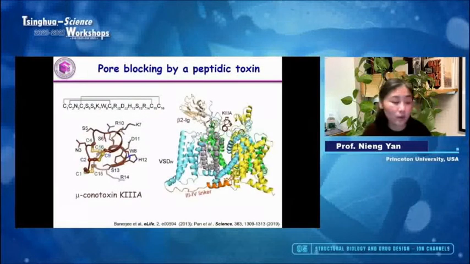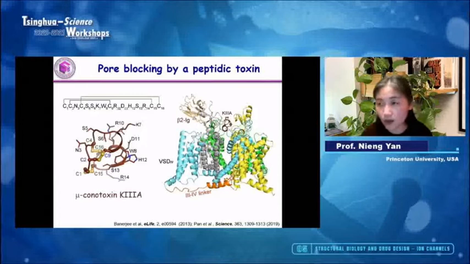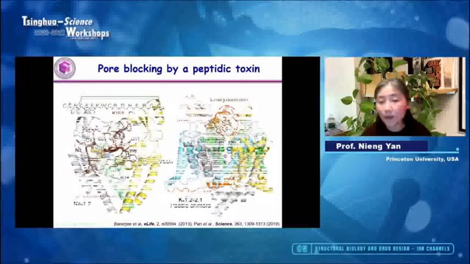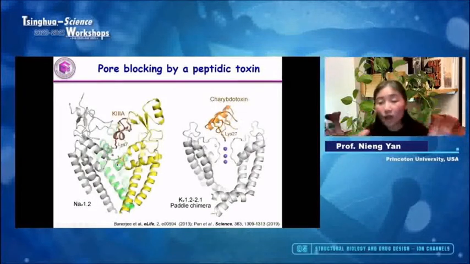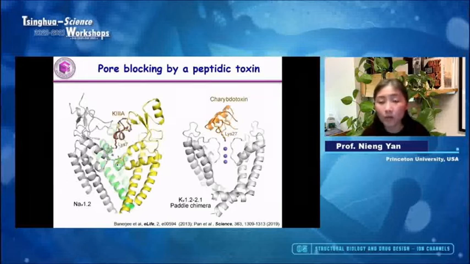So we solved the structure of K3A bound to NaV1.2, a central nervous system sodium channel, and as you can see here, this toxin sits right above the selectivity filter. When we compare this to a previous structure of a potassium channel in complex with another toxin, although the toxins are different, with different length or composition, we identified one common paradigm.